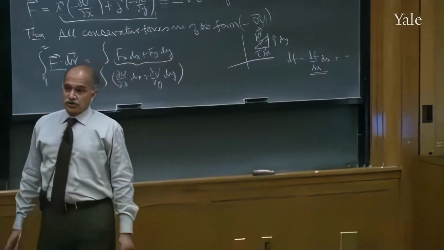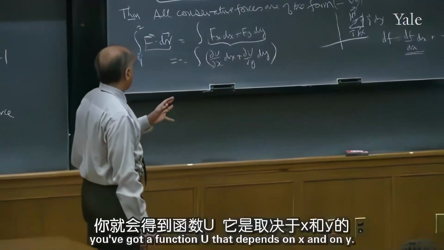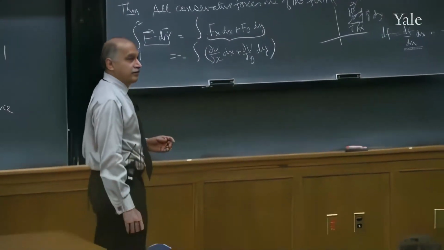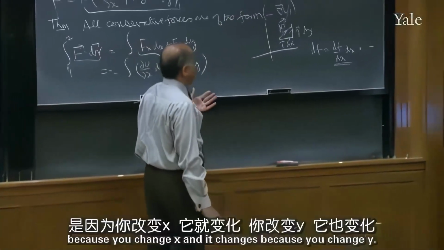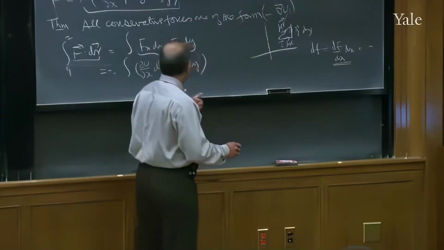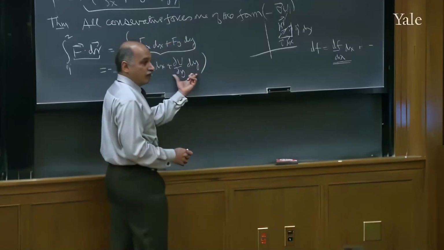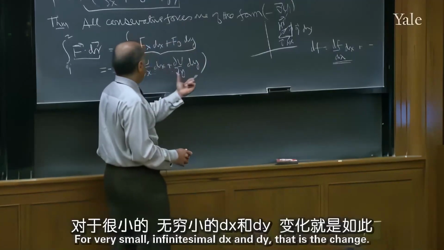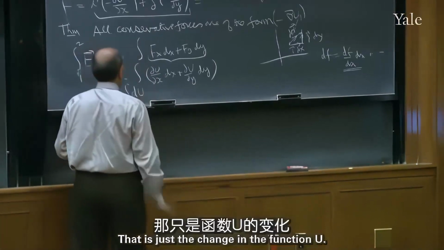Now, if you're in 2 dimensions, if you move from one point to another point, you've got a function u that depends on x and on y. Therefore, it changes because you changed x, and it changes because you changed y. It's changing because of 2 reasons. This is the change due to change in x. That's the change due to change in y. For very small, infinitesimal dx and dy, that is the change in the function u.